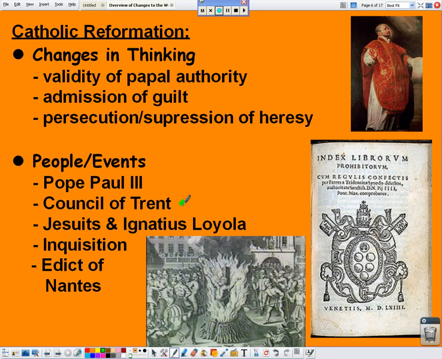only then are they allowed to go and begin the work of preaching the Word of God to other people. It's for this reason that the Jesuits are often the Catholics that are on board the boats that go and explore the New World, that find the routes to India and China.